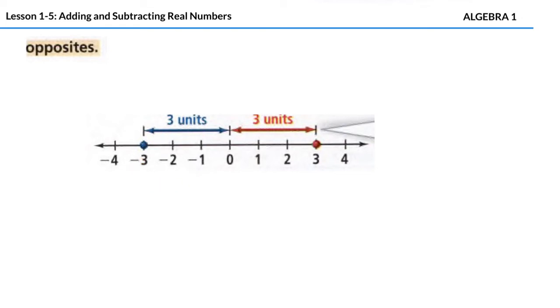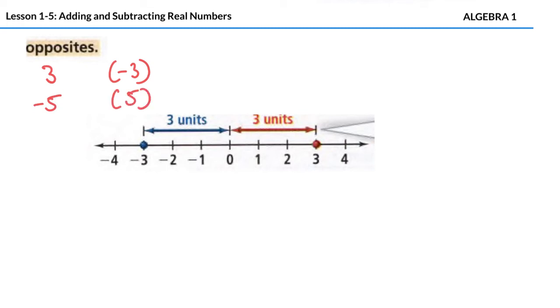So, can I say that negative 3 is the opposite of 3 because they are at the same distance from 0 but in opposite directions. So, what is the opposite of 3? It's negative 3. Similarly, what is the opposite of negative 5? It's going to be 5.